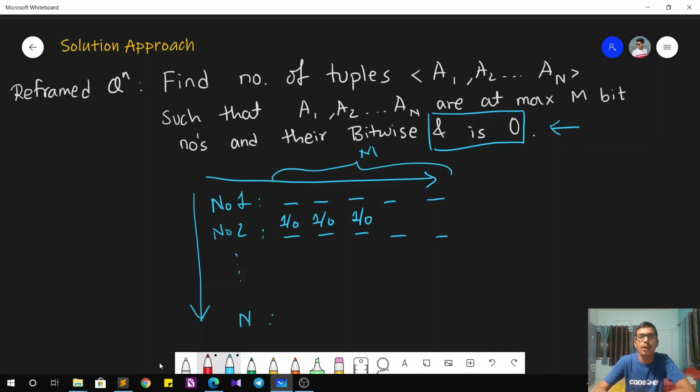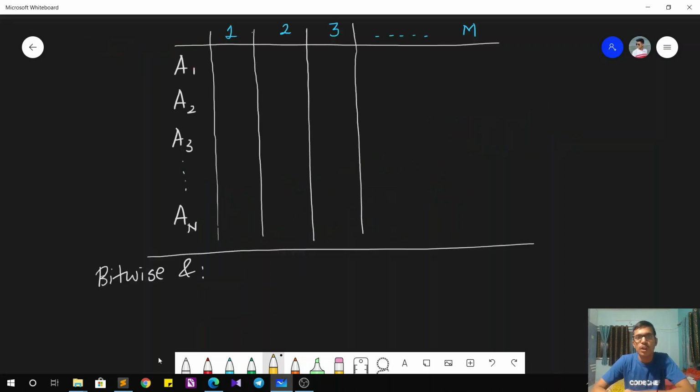So let's see how to do that. Now we know that the bitwise AND, the result of all the n numbers using the AND operator, should be 0 as per the question. That means all the bits in the resultant number will also be 0: the first bit, second bit, third bit, all the way up to the mth bit.